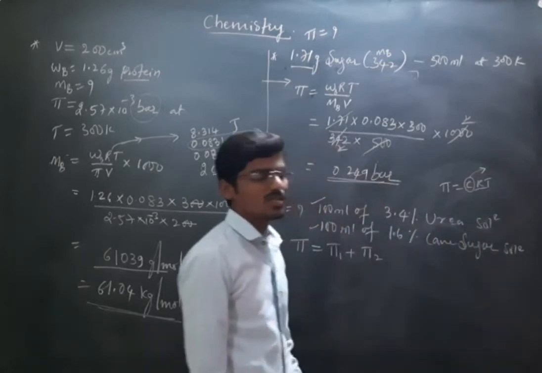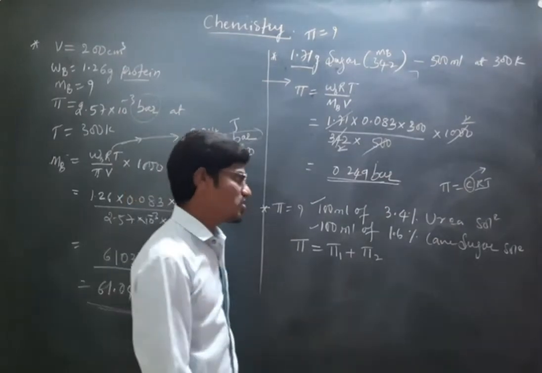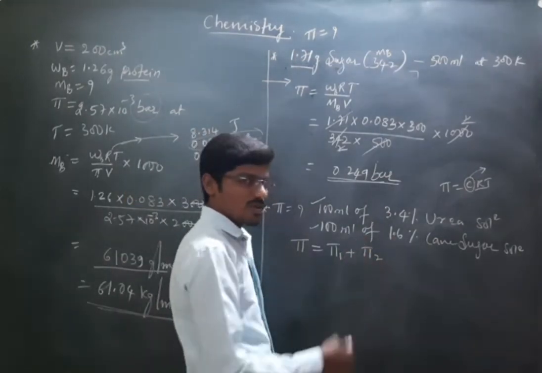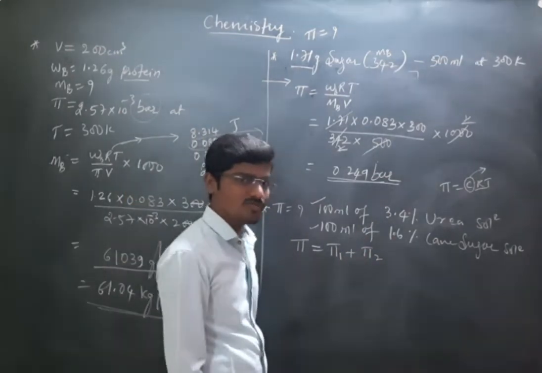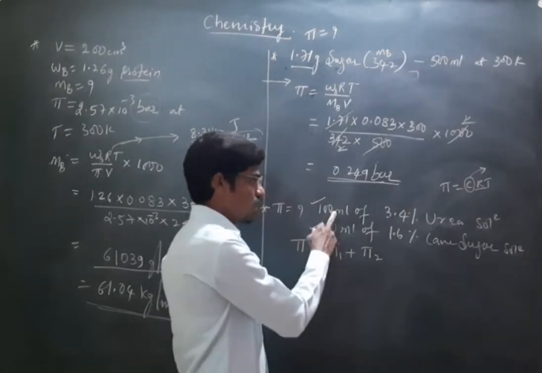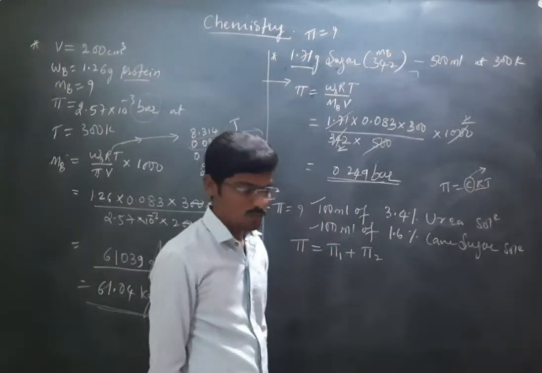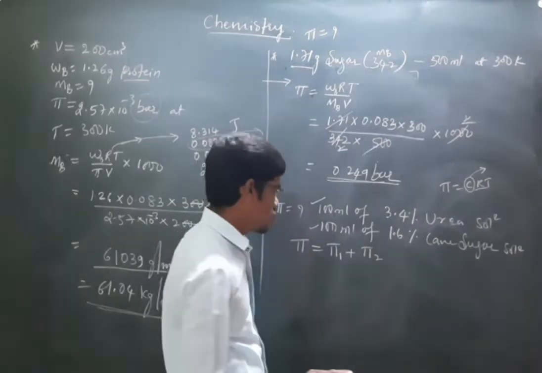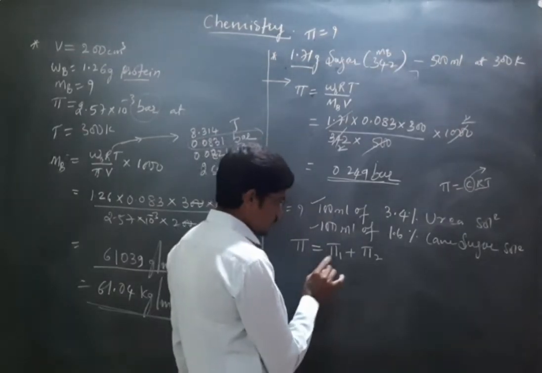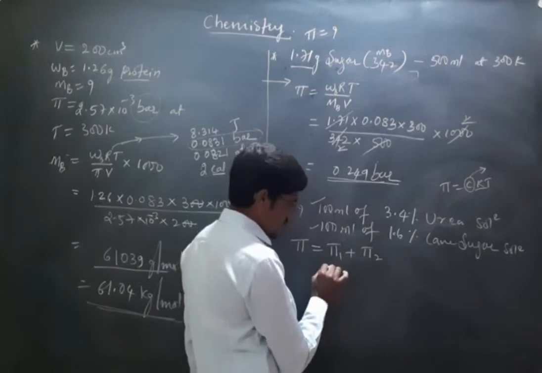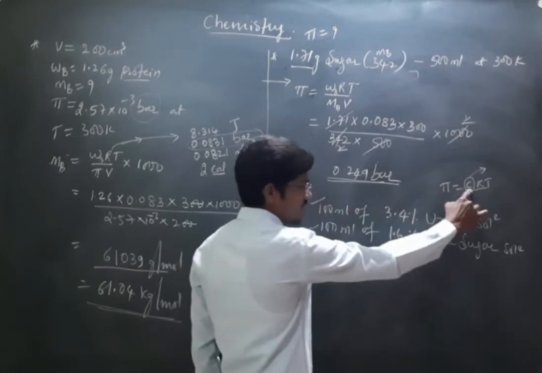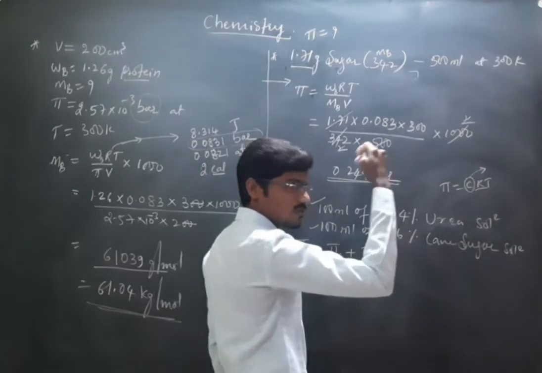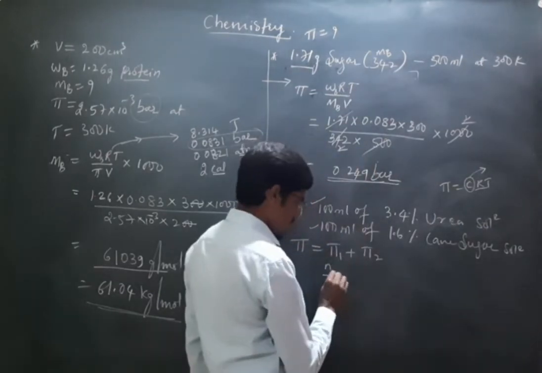Concentration is nothing but molarity. So what is the molarity of this solution? First you can calculate the molarity of this solution. Now the total volume becomes 200 because I am mixing the solutions. So total volume will be 200. Now C means number of moles of solute divided by volume of solution.